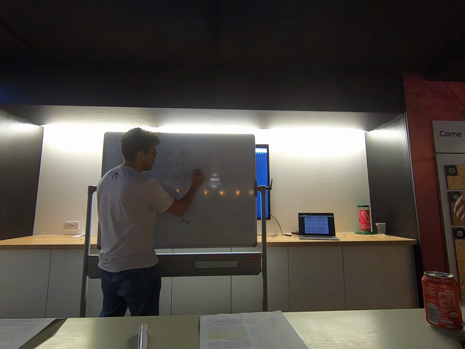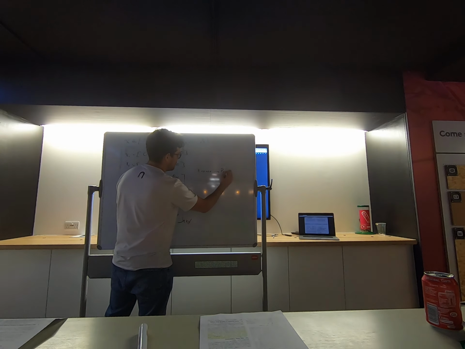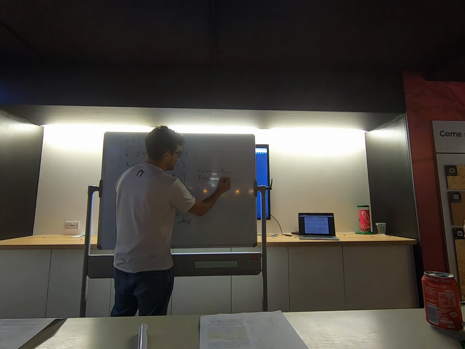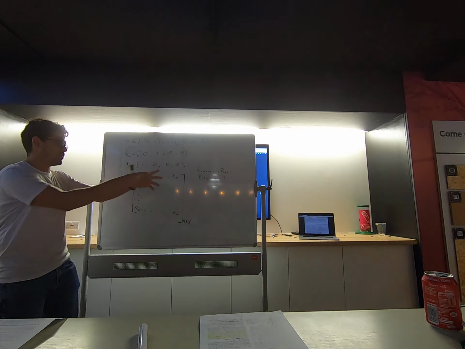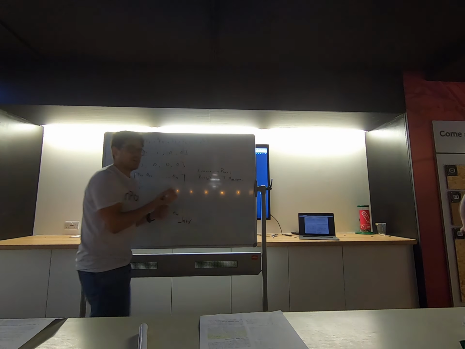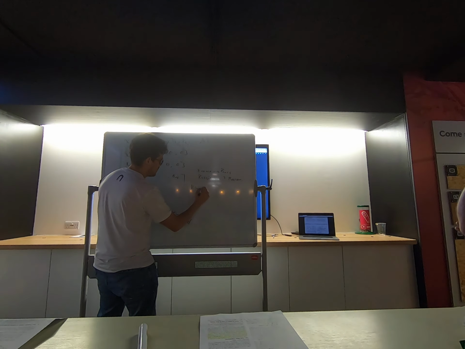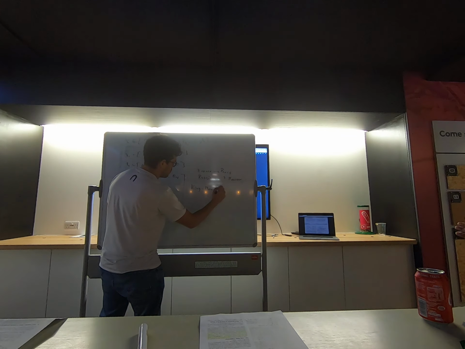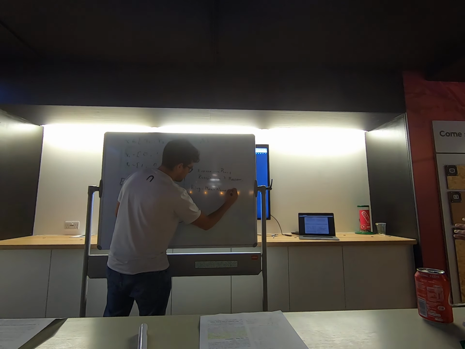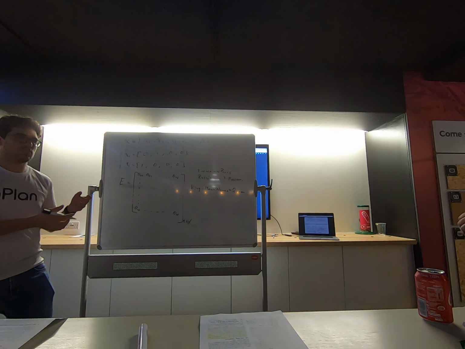If you do France is to Paris as Russia is to, and you put this through the embeddings, then you will get Moscow here. You can also do arithmetic operations. If you do king minus man plus woman, you get something that is very similar to queen. So these become meaningful.